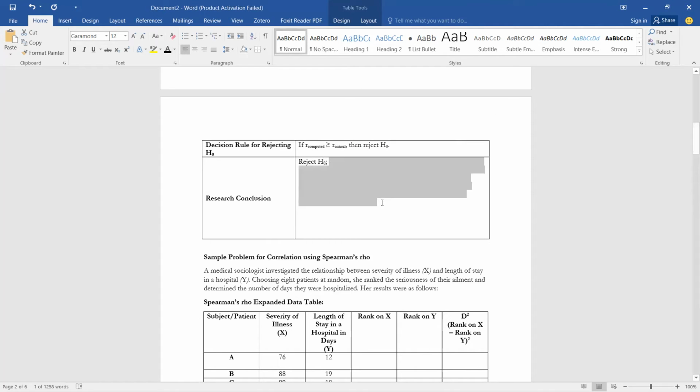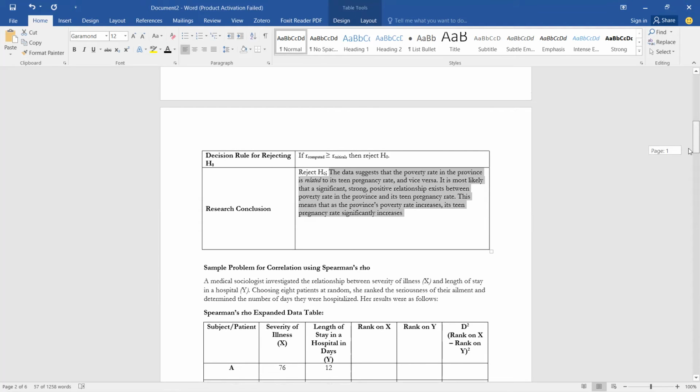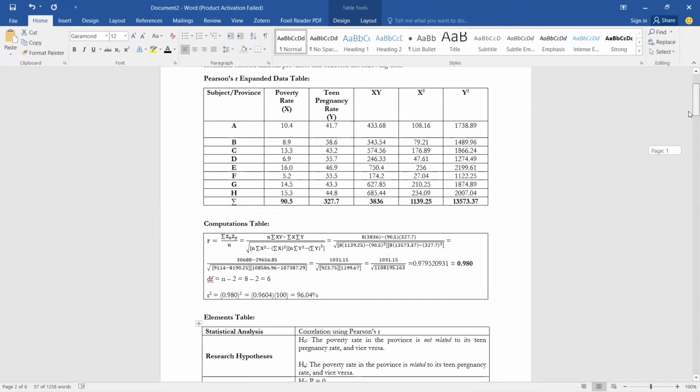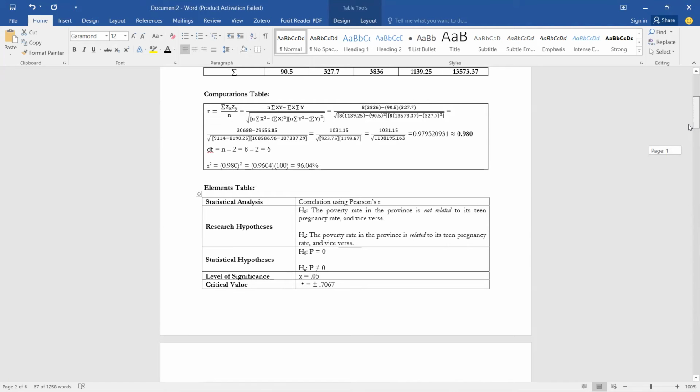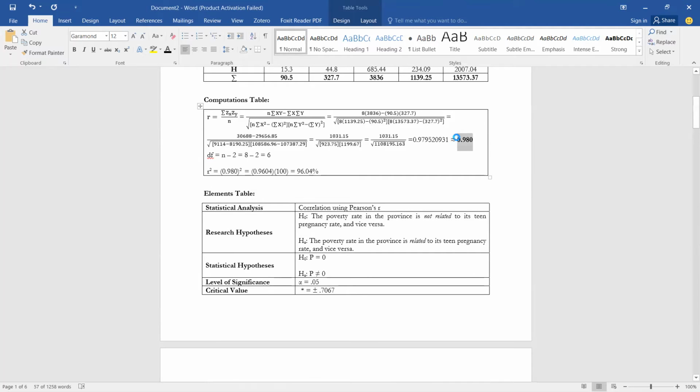So we can say the data suggests that the poverty rate in the province is related to its teen pregnancy rate. It is most likely significant, because we rejected the null. Strong, 0.98 yan, almost perfect. Positive, no? Because the sign is positive, yung direction niya.